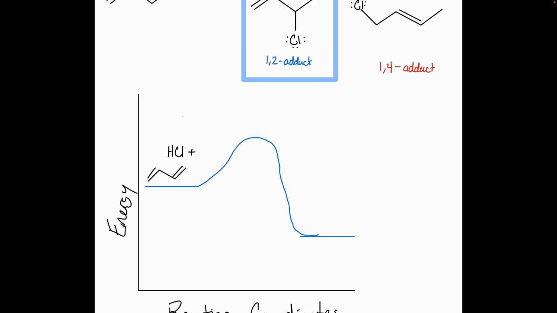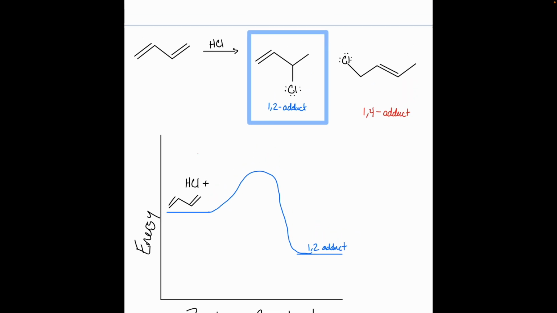And over here is my product, specifically my 1,2 adduct. All right, great. So we got one curve. Now let's compare that to our other product. I'm going to do this curve here in red for our 1,4 adduct.